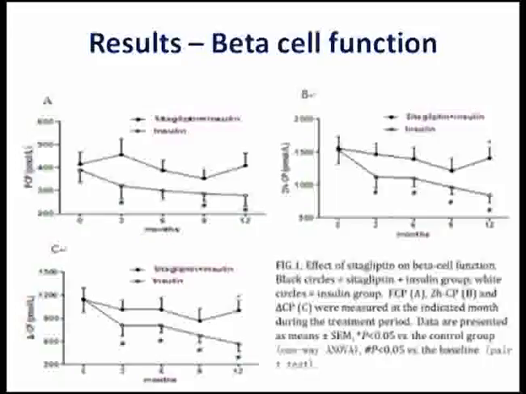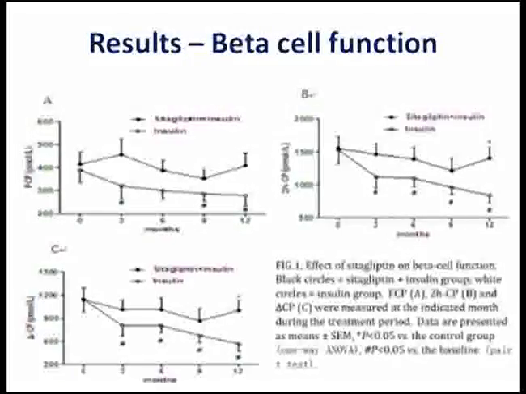Another OHA of late that has been tried is DPP-4 inhibitors. DPP-4 is expressed in the T cells. The T cells are known to produce autoimmunity and produce antibodies.